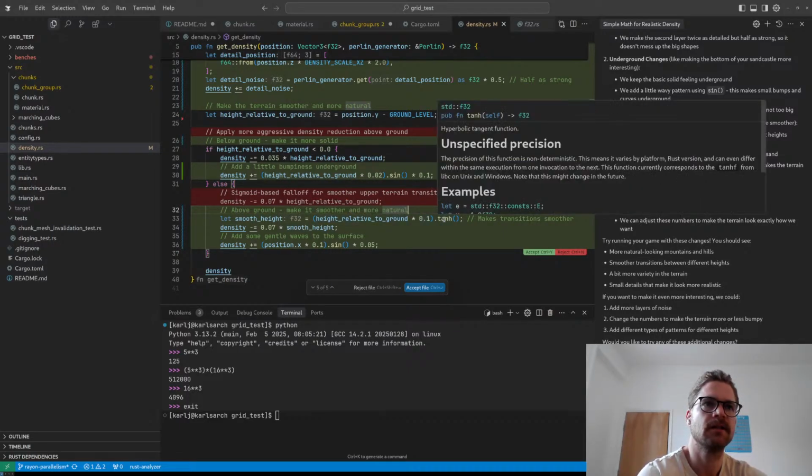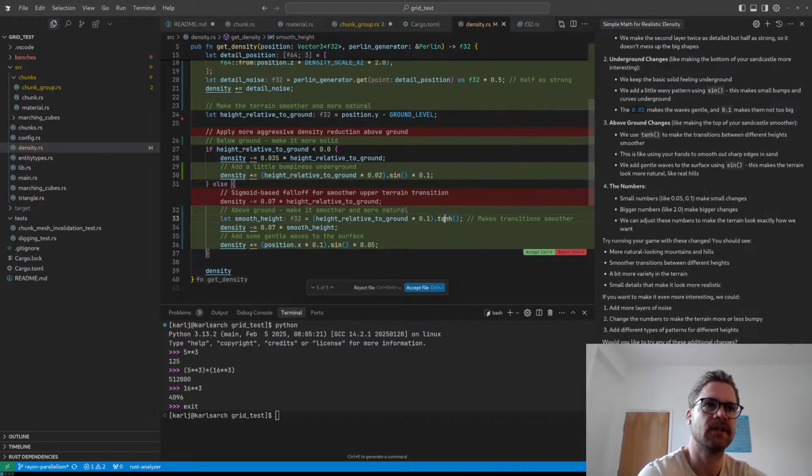I think this is like a hyperbolic tangent. These are the functions I recognize a bit more. Density minus equal smooth height.